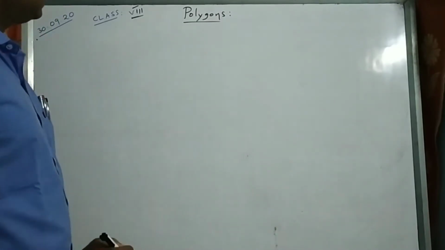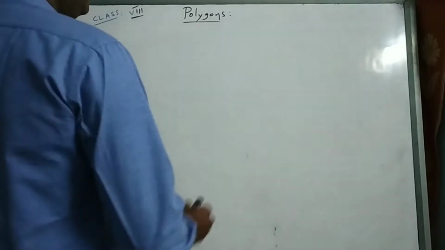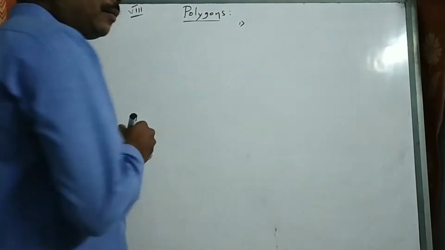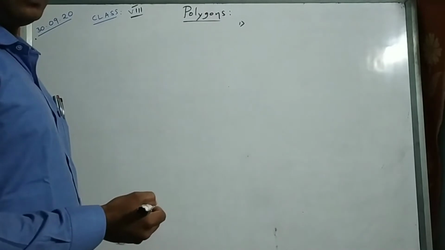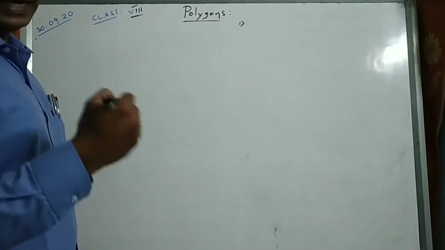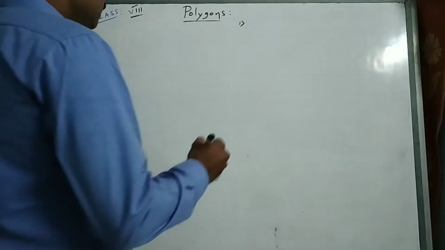As we started polygons in the previous class, let us continue. Here, a regular polygon means a polygon is said to be regular if all the sides are equal as well as all the interior angles are also equal.